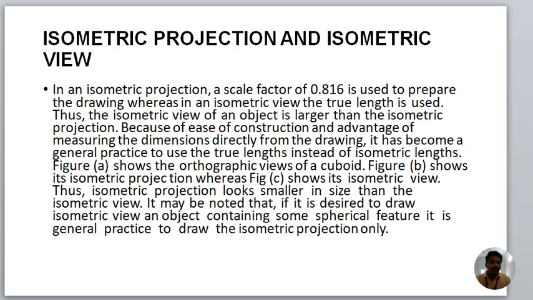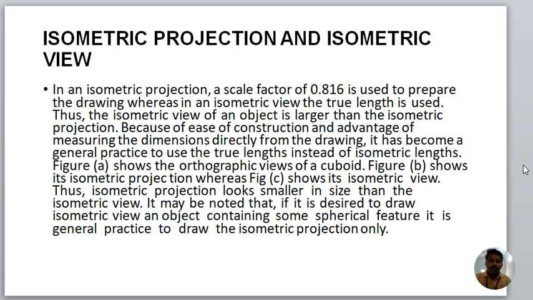If the problem is to find the true length from the isometric projection, this scale factor is helpful. The normal length multiplied by the 0.82 scale factor gives the actual length of the object.